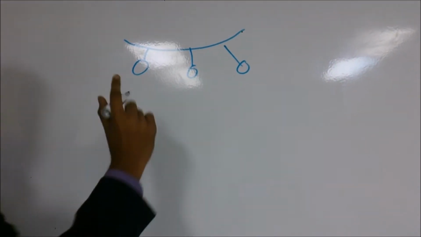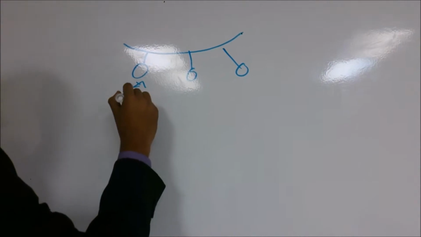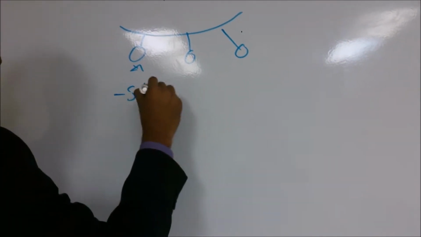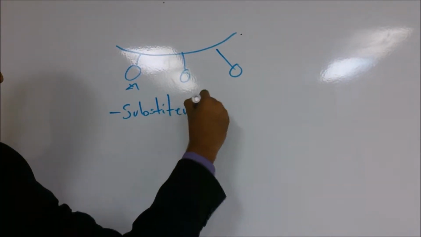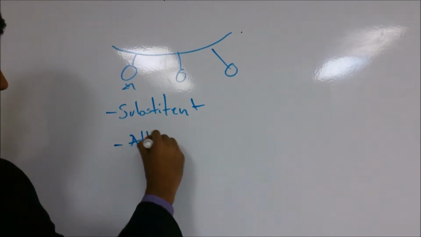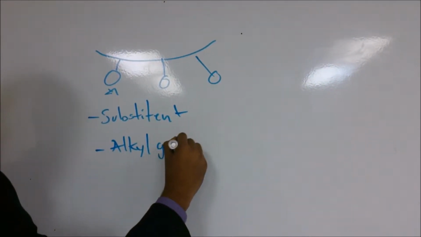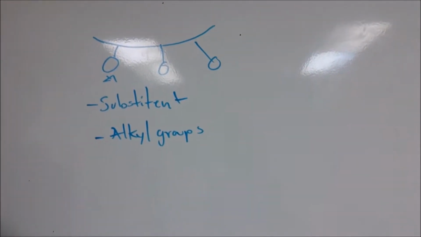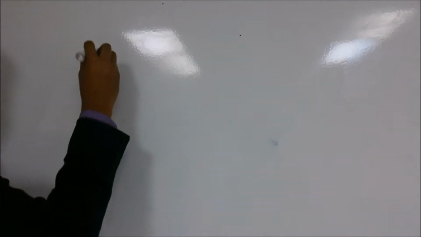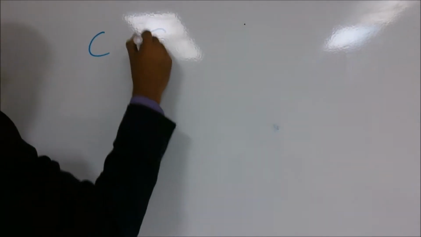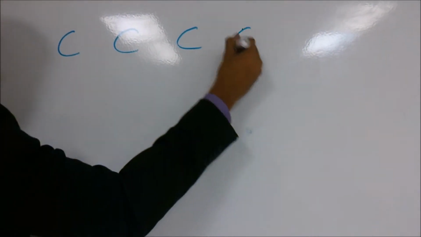These rods will also be known as substituents or alkyl groups. So now we are going to be talking about how to name alkanes. So here's an example.